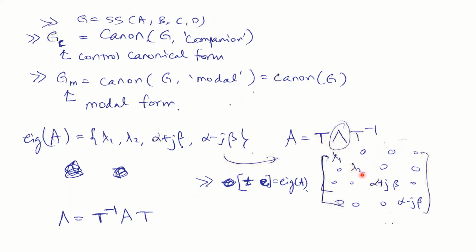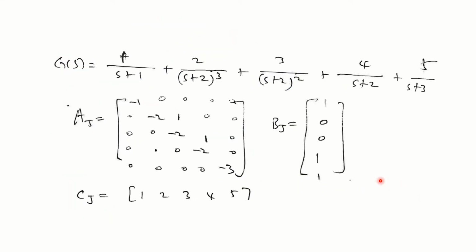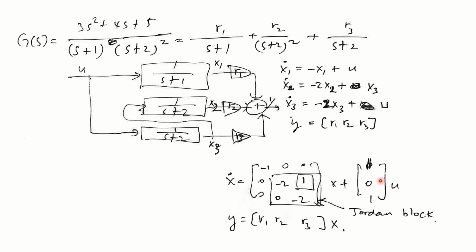Suppose you have two complex eigenvalues. If you do this Jordan decomposition, you are going to get lambda 1, lambda 2, and these two complex eigenvalues. In that case, the realization will have complex entries in your A matrix.